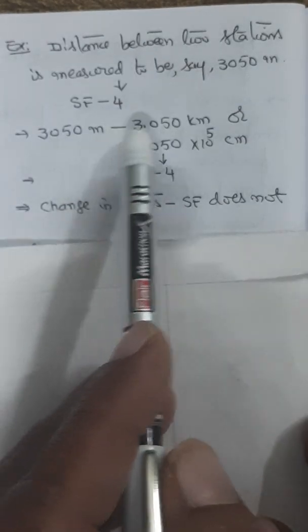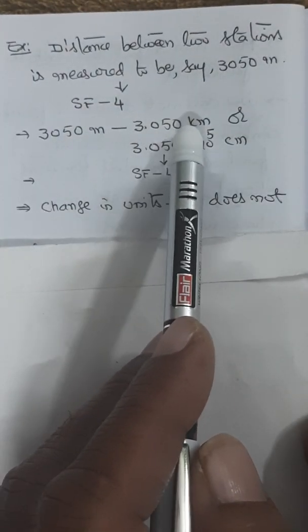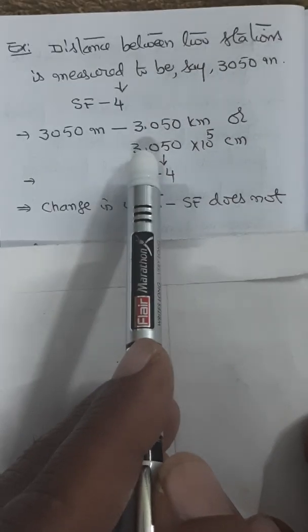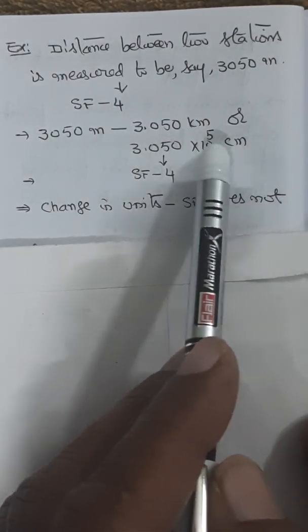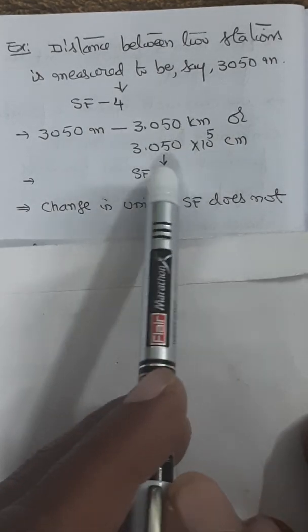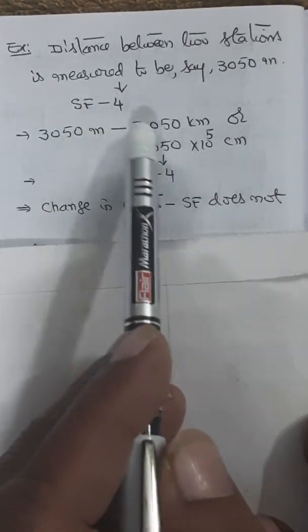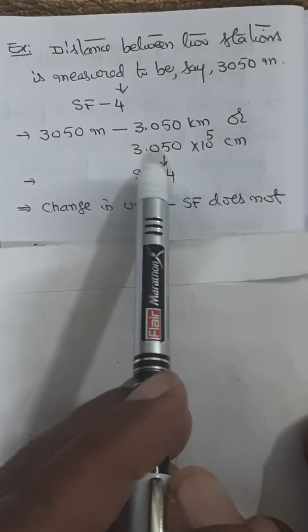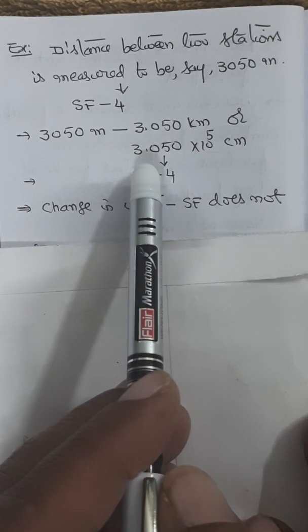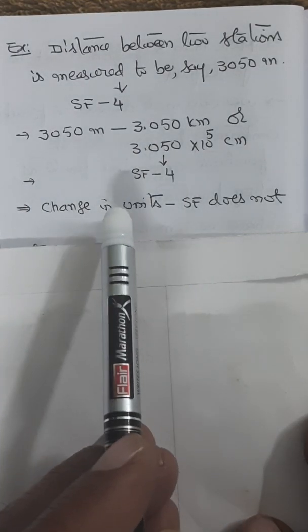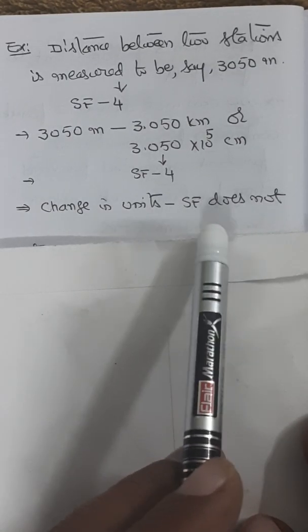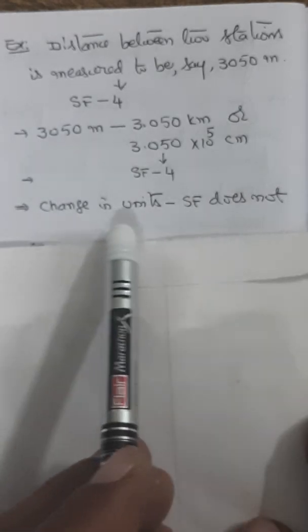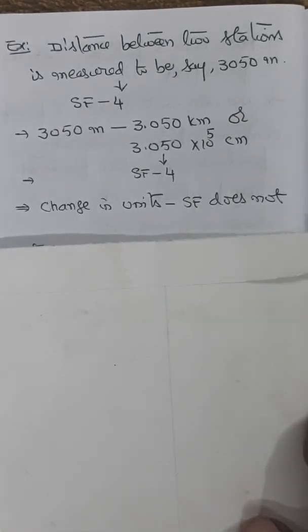The same distance can be expressed as 3.050 kilometers or 3.050 into 10 power 5 centimeters. In all these expressions, the number of significant figures continues to be 4 only. So we can conclude that the change in the units of measurement of a quantity does not change the number of significant figures.